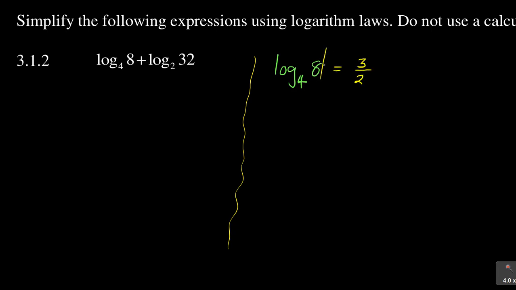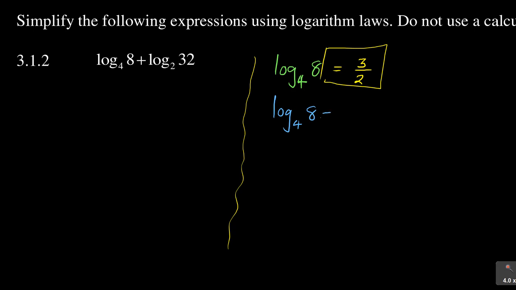Then the next thing is, how did they get 3 over 2? So you have log base 4 of 8 in this case, and you have to try to simplify this expression and ask yourself, how can I write 8 in terms of 4?